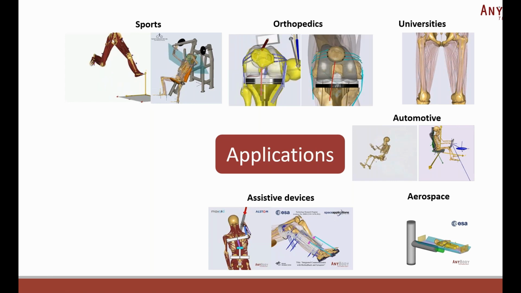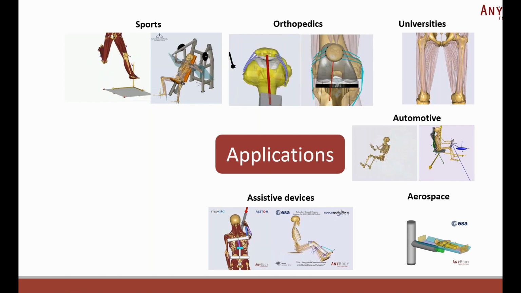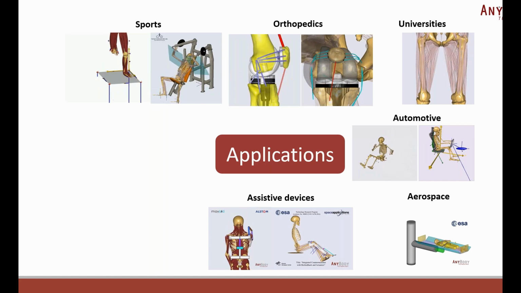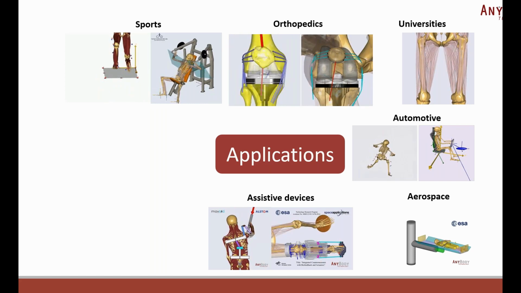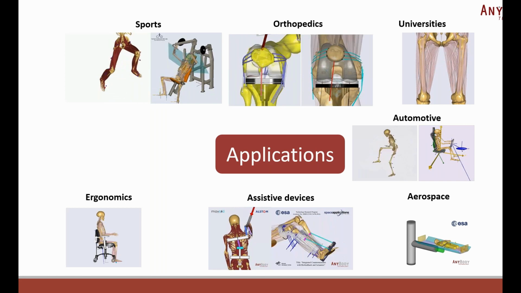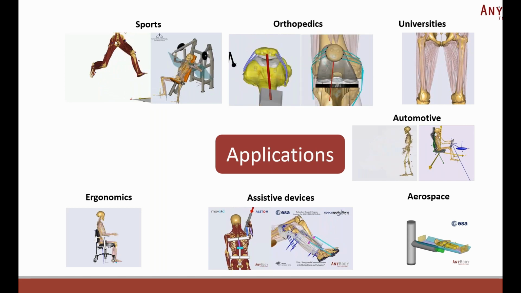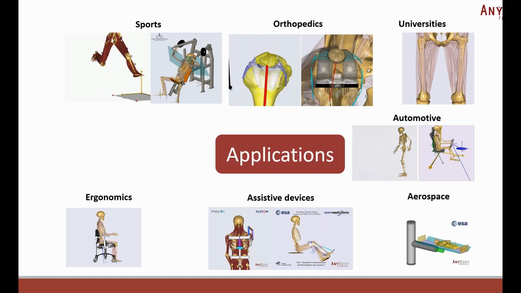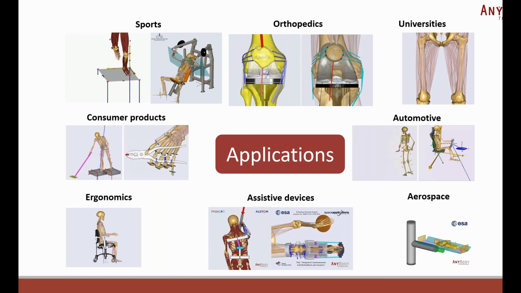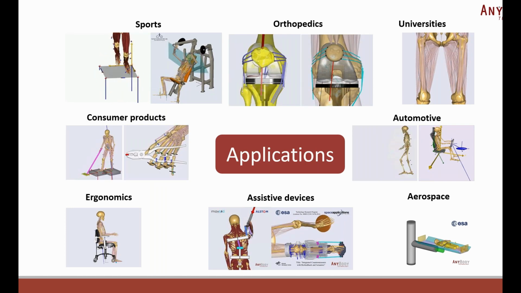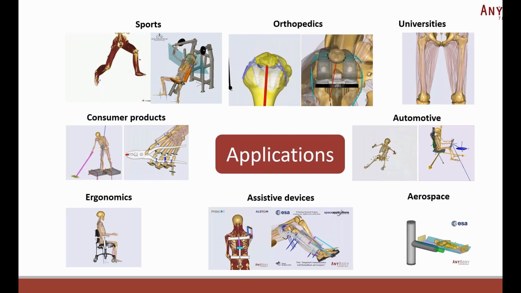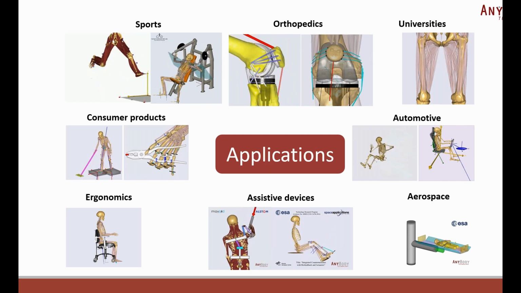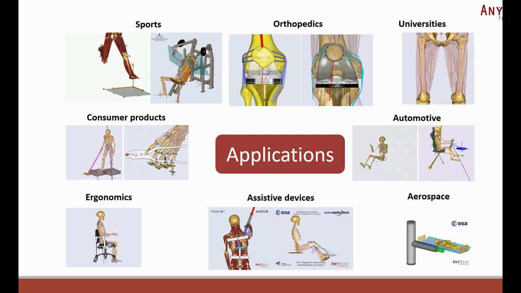So, for example, here you can see an example of an exoskeleton and a training device. And of course, this can also be applied in the ergonomics field for design of furniture and workspace. As well as that, you can apply it in the design of consumer products. So whenever you have human-centered applications, a detailed biomechanical analysis can be useful.